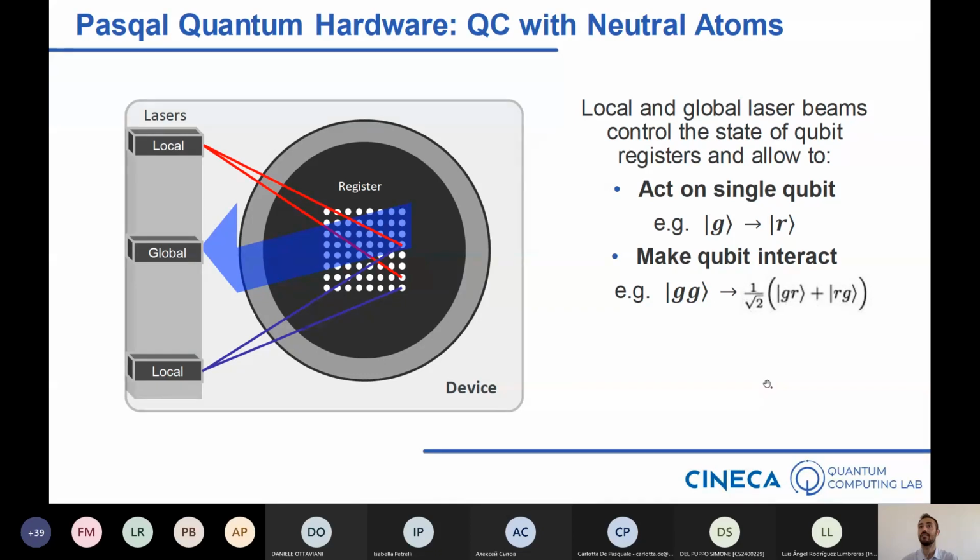In general, every gate that we've seen yesterday, X gate, Z gate, control gate, is a specific combination of global and local pulses. Okay, let's see now.